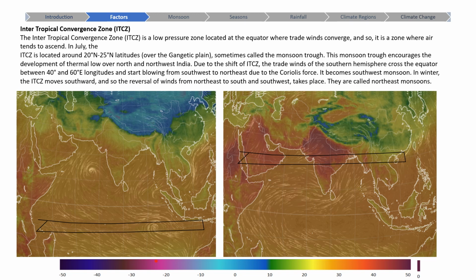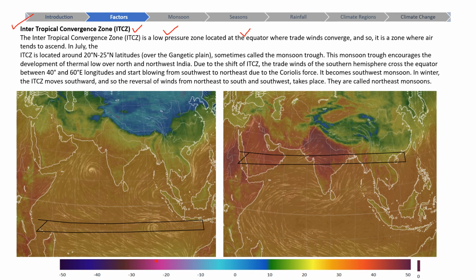Now the next is the ITCZ. We have already discussed the ITCZ. The ITCZ, the intertropical convergence zone, is a low pressure area, and this is generally at the equator. At the equator this system remains throughout the year, but its characteristics move towards the south and towards the north.